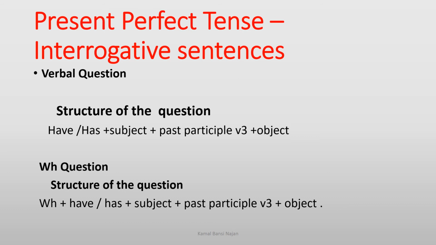Try to understand the structure of the questions. First verbal question and second WH question. In verbal question, we have to begin our question with have or has, and in WH question, we have to begin or start our question with WH word.